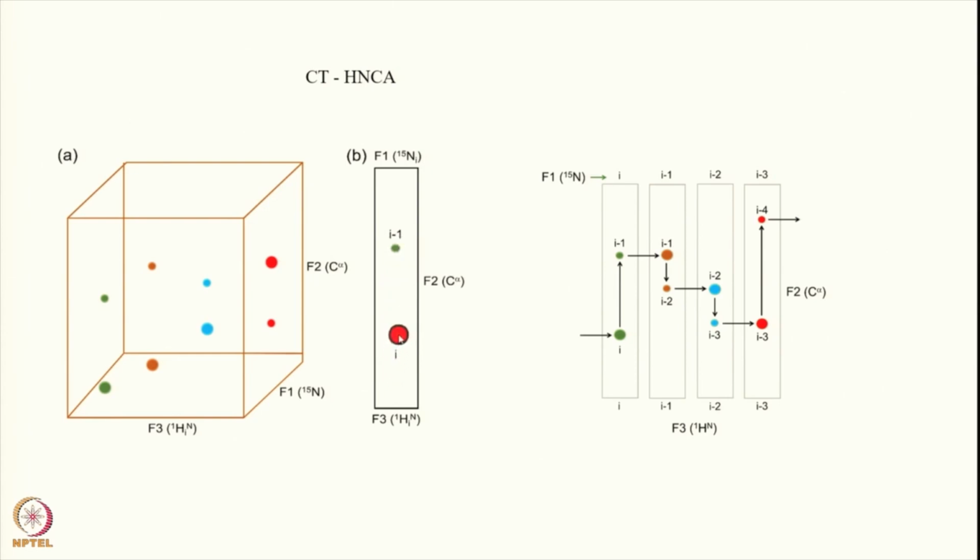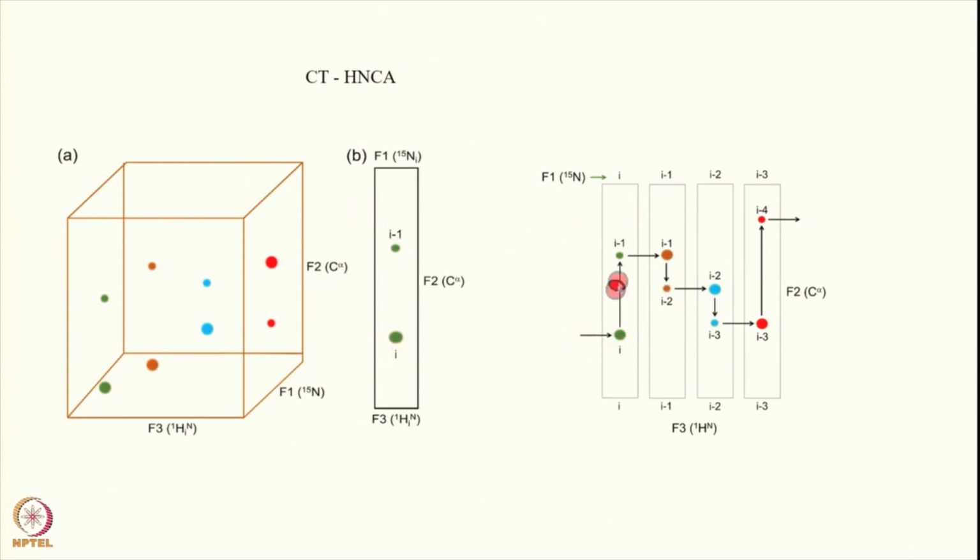As we saw, this coupling constant is of the order of 7 to 9 Hertz, whereas this one is 7 to 11 Hertz, and this coupling constant is of the order of 4 to 9 Hertz. So depending upon what it is, sometimes you can have different intensities. In fact, it is helpful if it has different intensity, to figure out which one is the self and which one is sequential.